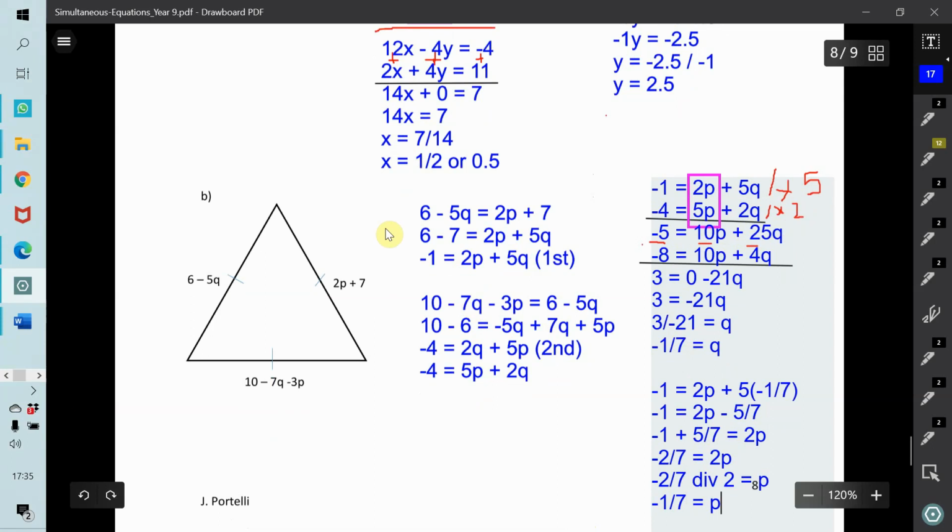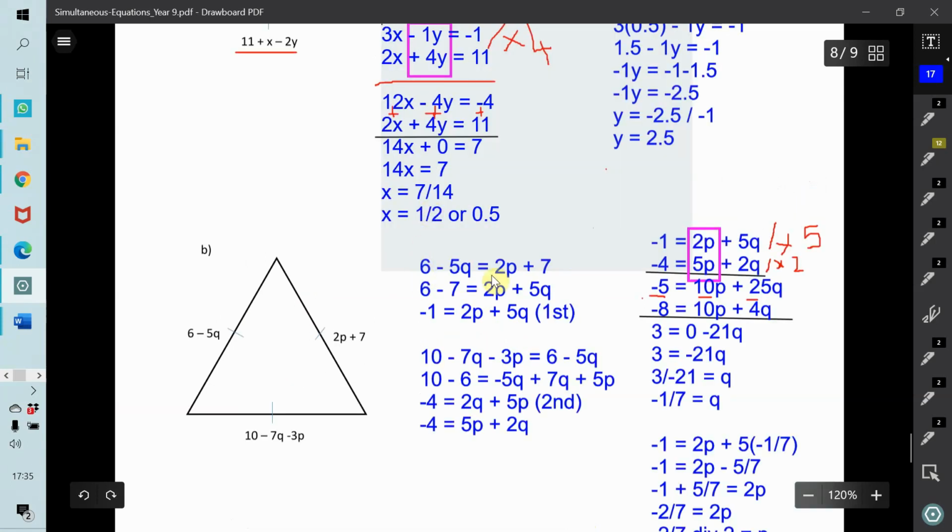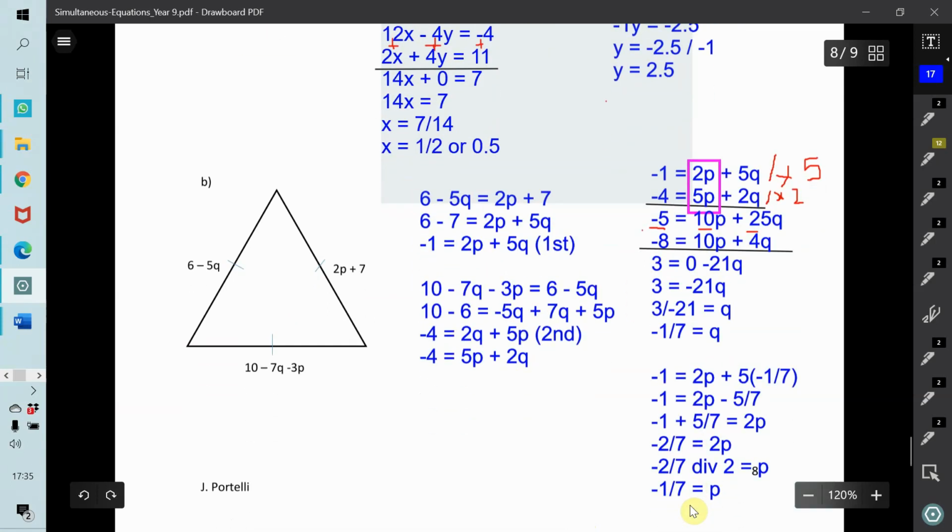And now I'm going to choose one of the equations. Let's say I chose this one. Let me put in these two answers. So I'm doing 6 minus 5, instead of q, I'm going to do negative 1 all over 7. Negative 1 all over 7 equals 2 times negative 1 all over 7 plus 7.